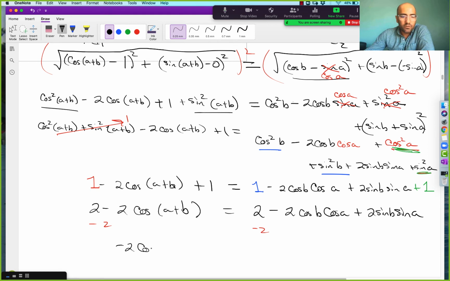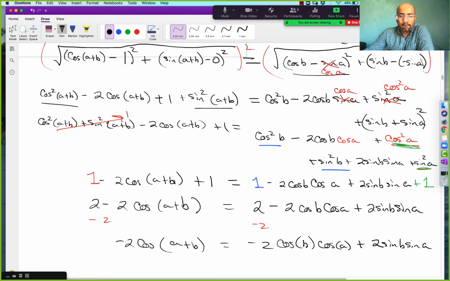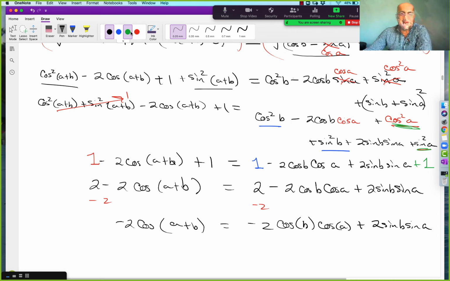Minus 2 cosine of a plus b equals minus 2 cosine of b cosine of a plus 2 sine of b sine of a. Divide everything by negative 2, and we arrive at our destination here.